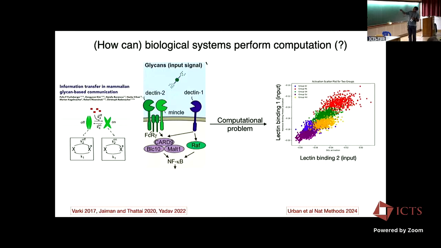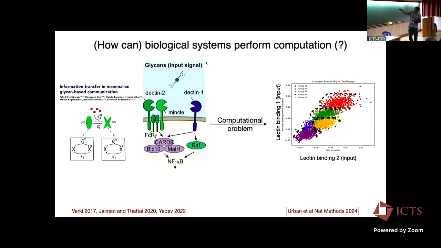You can plot what different kinds of cells do if you view them in this two-dimensional axis. And what you want your signal transduction network, this downstream thing, to do is to draw lines of different sorts, lines that cluster different colors differently.